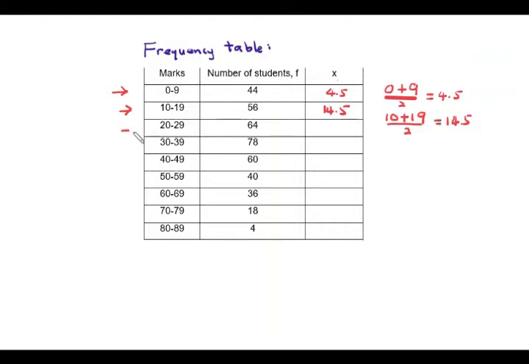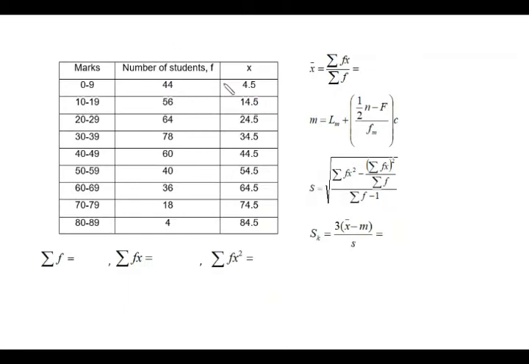The third class interval, the midpoint is 20 plus 29 over 2, which equals 24.5. Carry on this process until we find all the midpoints for this frequency table. Now, we are ready to enter the midpoints and number of students into the calculator.